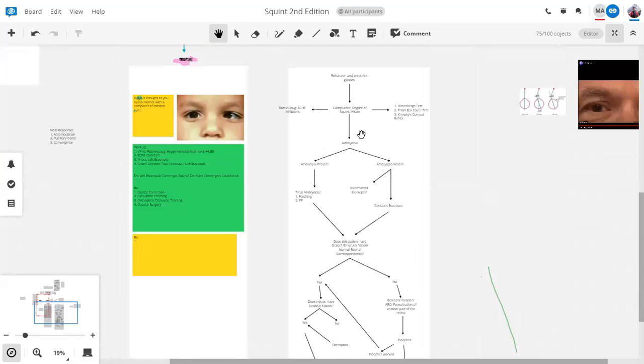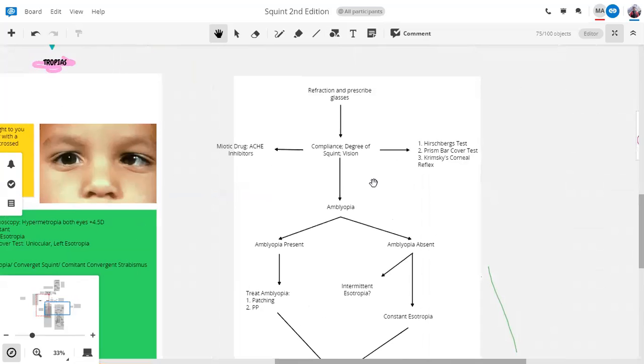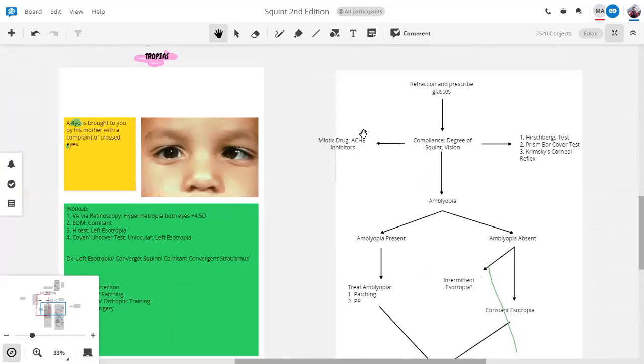Let us have a broad overview. If a patient presents to you with squint, in our case this chart has esotropia, the first thing we will do is perform a baseline evaluation. We will perform refraction under cycloplegia, and we will get an idea of visual acuity. We will perform extraocular movements.